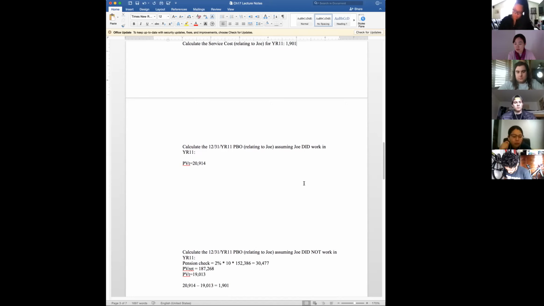The payment. And then we discount that present value at retirement back to the present value at time t, and that will give us, if it is for 1 year, the service cost. And if it is for multiple years, then that will give us the projected benefit obligation. So far, any questions?